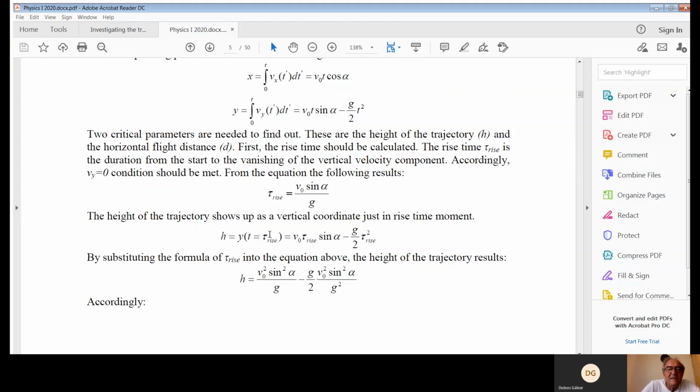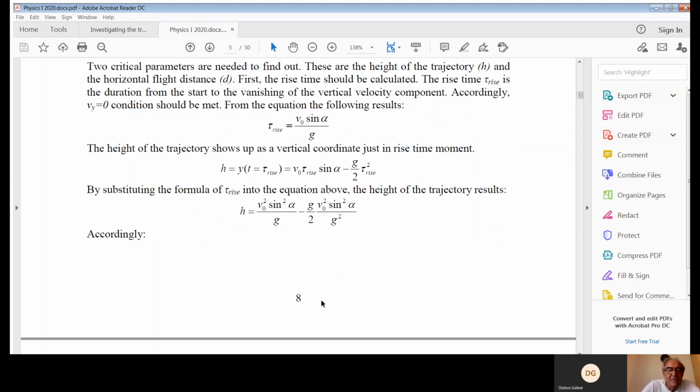With t equal to the rise time, we put in V null sine alpha times t, minus g over 2, and we have the rise time instead of t. So now we can substitute this one in here, and if you multiply, V null goes to the square, sine goes to the square, g is what it was, and the negative g over 2 times this one put to the second power.